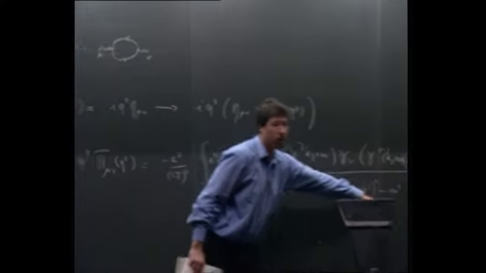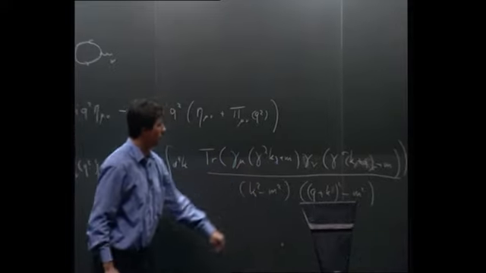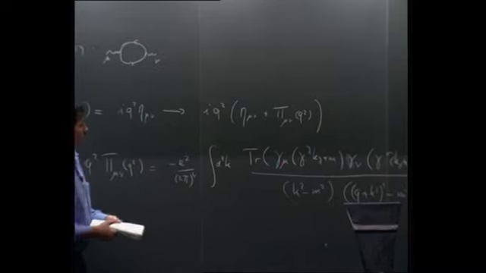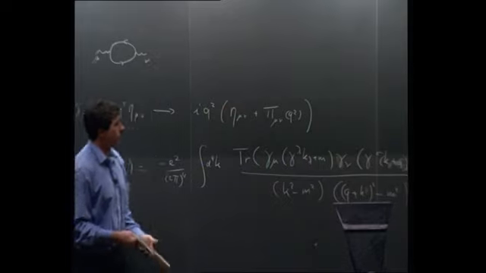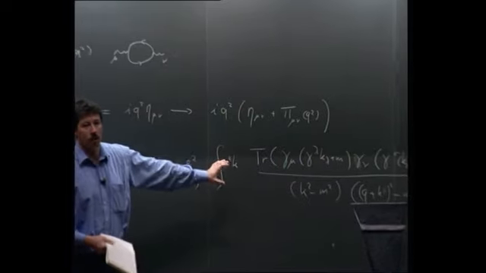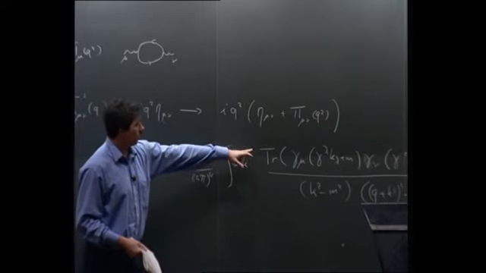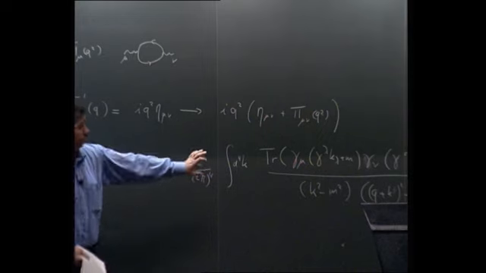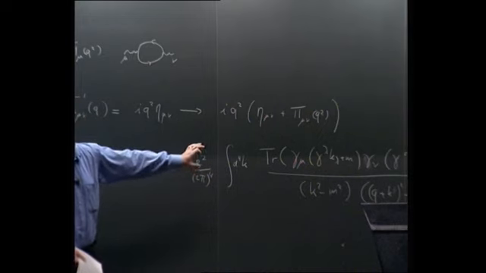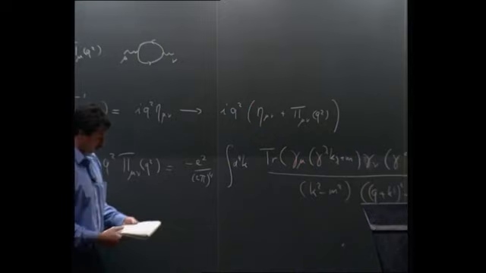You have to specify how to deal with those poles, and so the i epsilon prescription is needed to get the right answers. I won't really evaluate this diagram, so I'm not going to write down a long calculation. I will eventually give a flavor of what kind of integrals you have to do, and also the kind of difficulties that you will meet in doing those integrals.